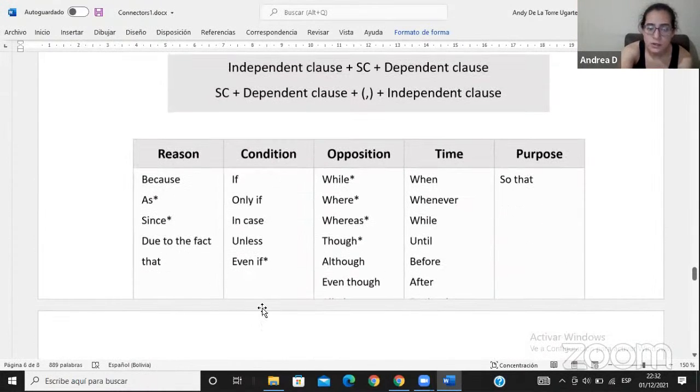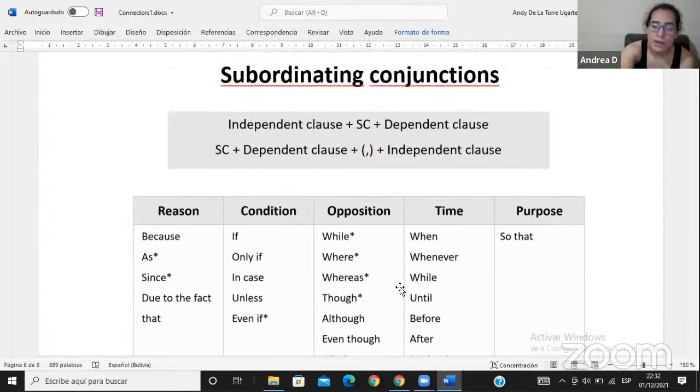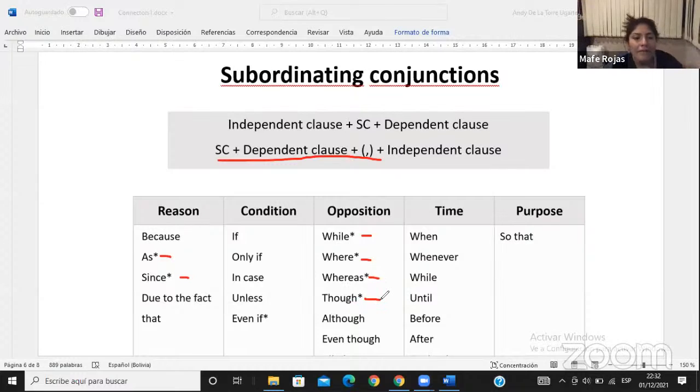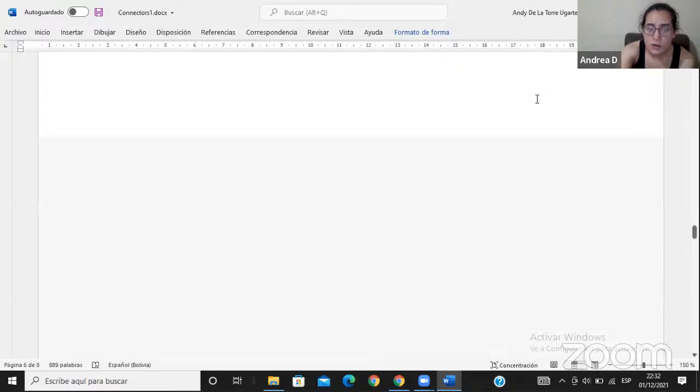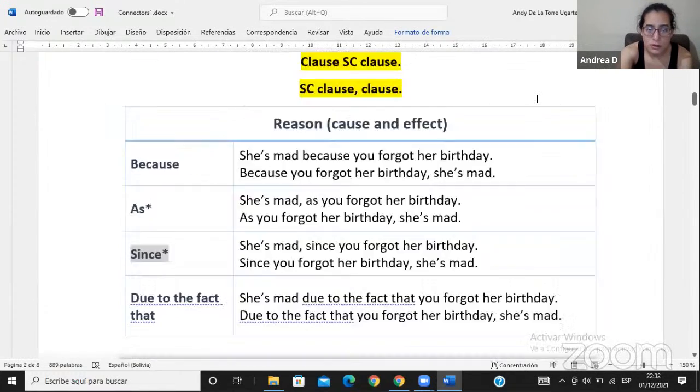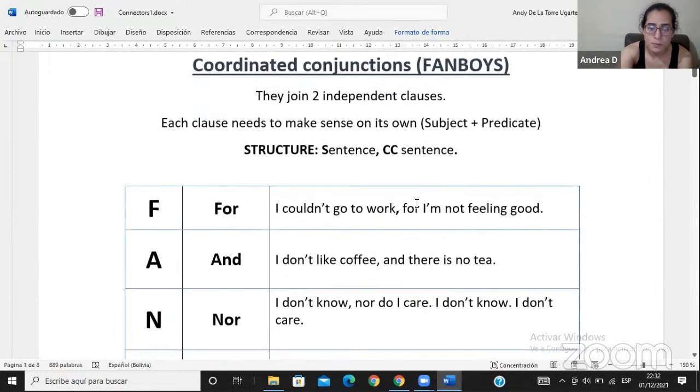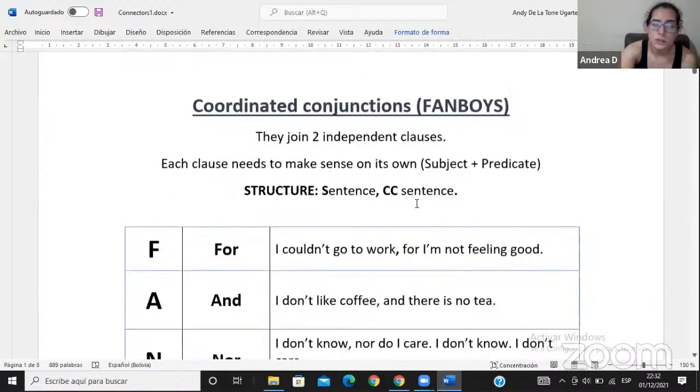With this one here, remember, you only use a comma if it's at the beginning of the sentence, except when you have these ones with asterisk. So those are the exceptions. And with the fanboys, you always use a comma before the fanboy, right? Those are the connectors.